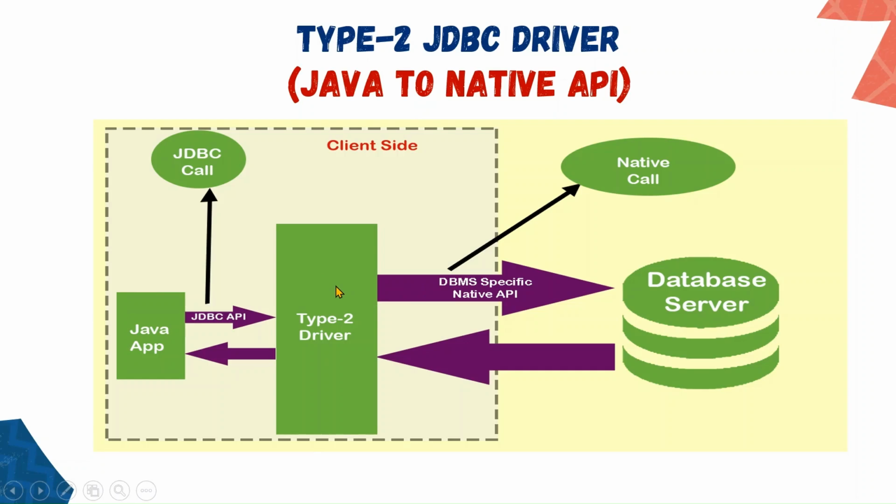So based on that, the type 2 driver is going to convert the JDBC call into DBMS specific native API calls. So here the database server holds a lot of databases, and to which one you want to connect, that equivalent language or format is converted. So the JDBC call is converted into a native call, and it is going to connect to the database server.